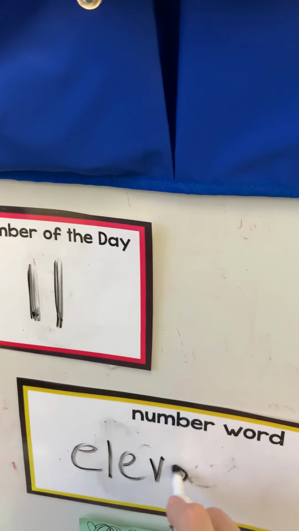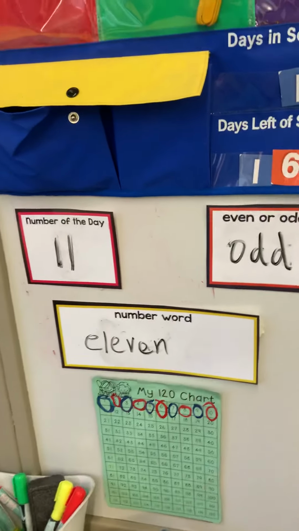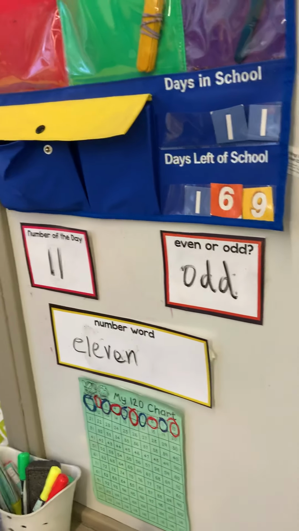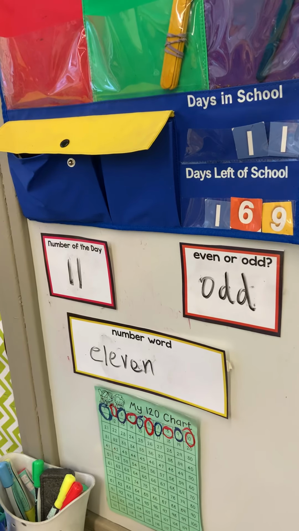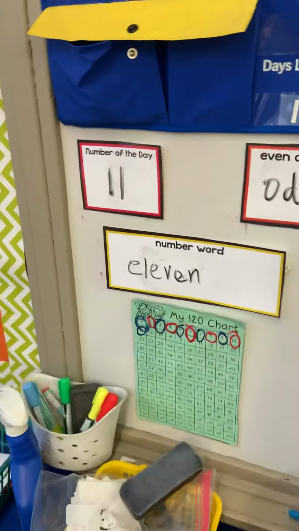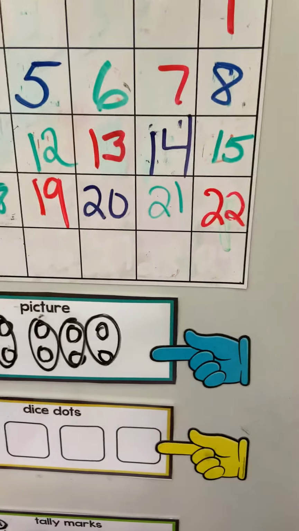It's in the teens section in our book, when we looked at number words last week. Okay. Now I am going to circle the 11 on my 120 chart, and I'm going to do that right here. I'm going to circle it in blue.